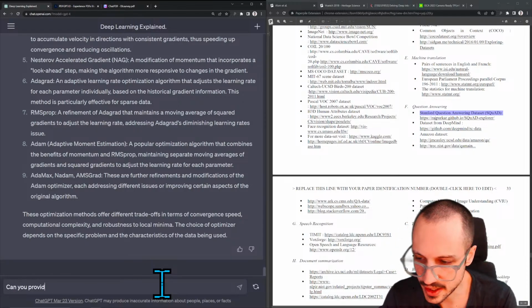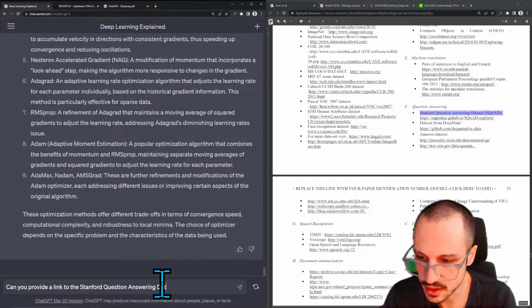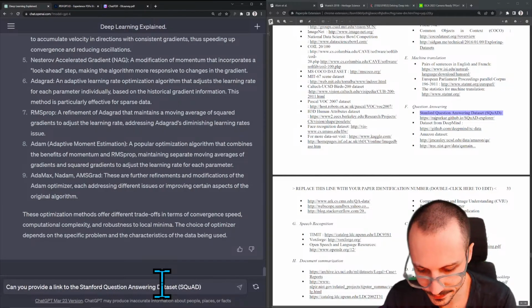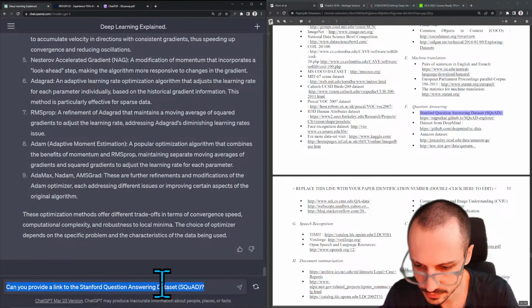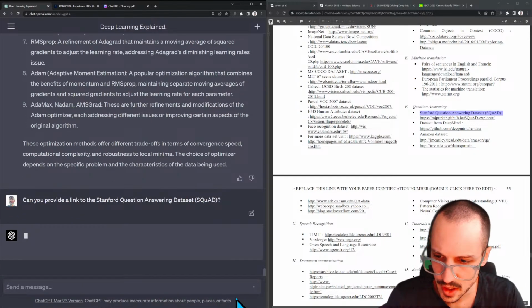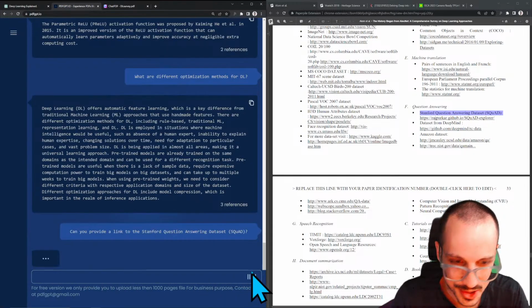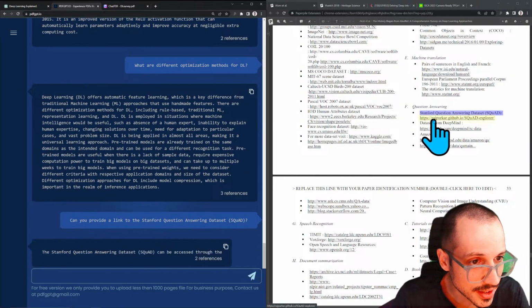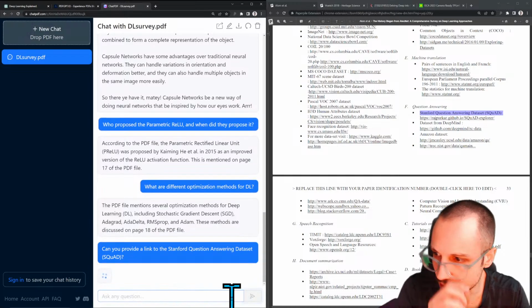Can you provide a link to the Stanford Question Answering Dataset? SQuAD. All right. So, I mean, there's no way GPT-4 is going to know that, right? That's extremely obscure, and it's specifically this. I'm looking for the Raj Prakar GitHub.io. So I'm going to put that in there, and I'm going to ask all of these. Let's see what they say.